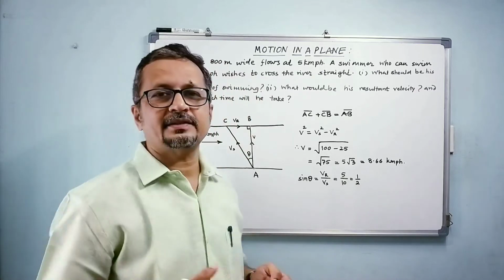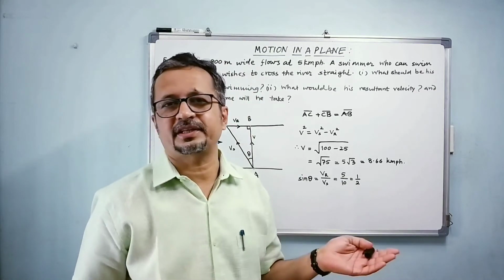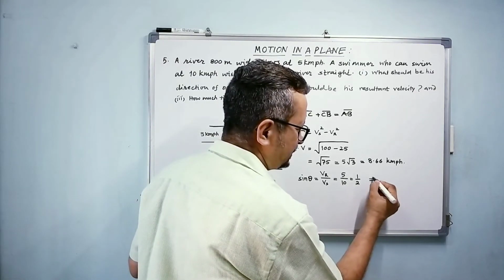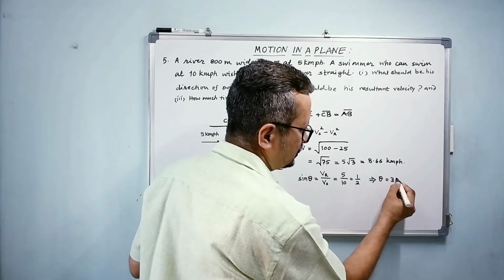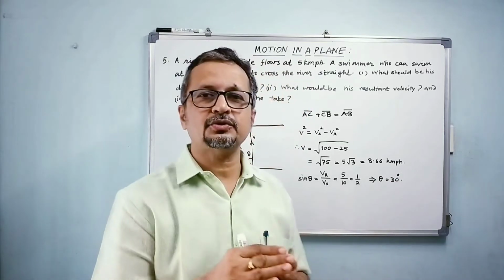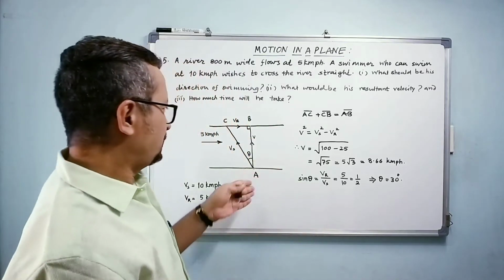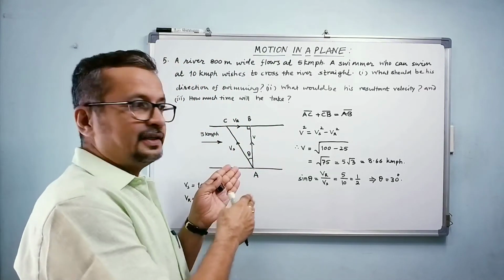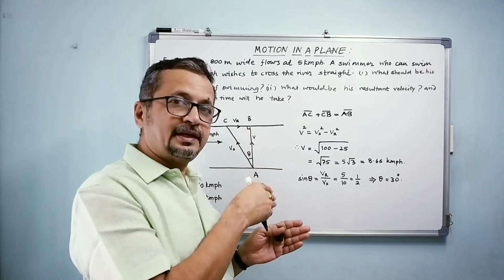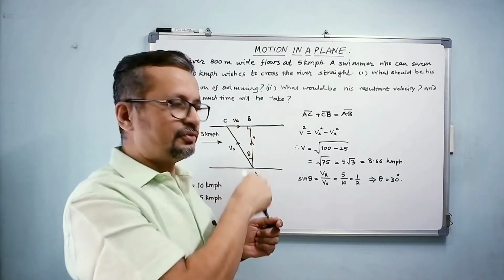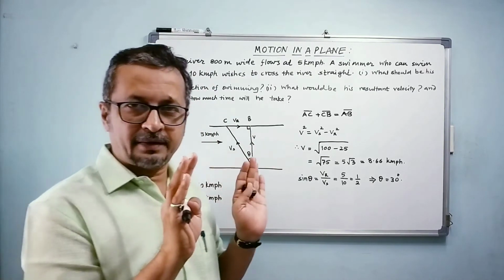Now sine theta is half, so theta is equal to 30 degree. So he has to swim at 30 degree with the line joining his point of starting and the point where he wants to reach, correct? So that theta you have got.